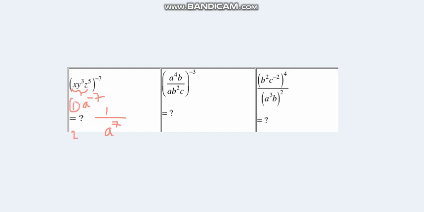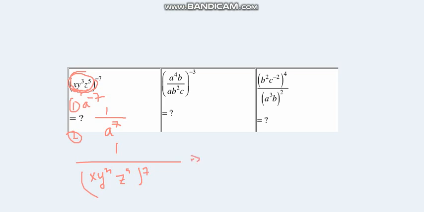Step number 2 is we just substitute a. So we just say that a is this whole mess right here. So now we're just going to substitute it. So now we just have x, y to the third, z to the fifth over 7. And now we can start distributing.